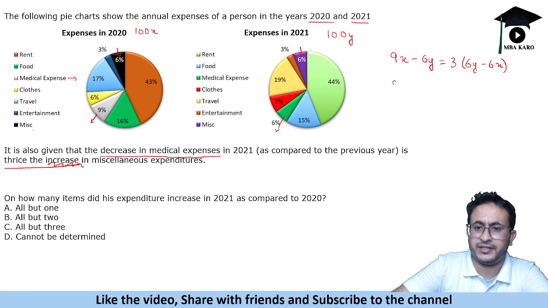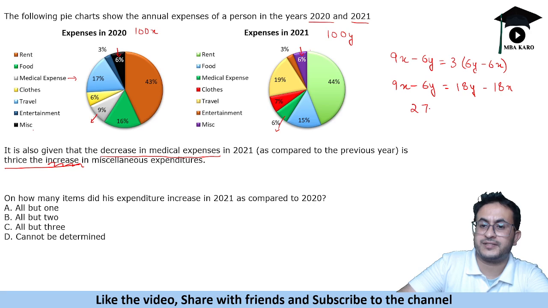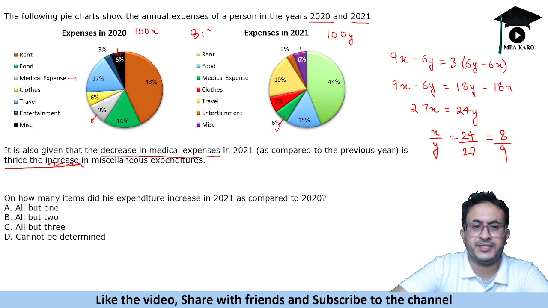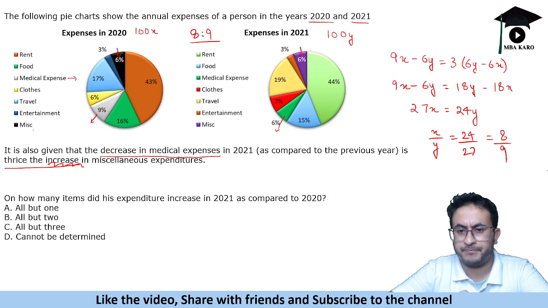So 9x minus 6y equals 18y minus 18x, or 27x equals 24y. So x upon y is 24 by 27 or 8 by 9. That means the ratio of expenditures in these 2 years is 8:9. That is the base for solving all the questions of this set.